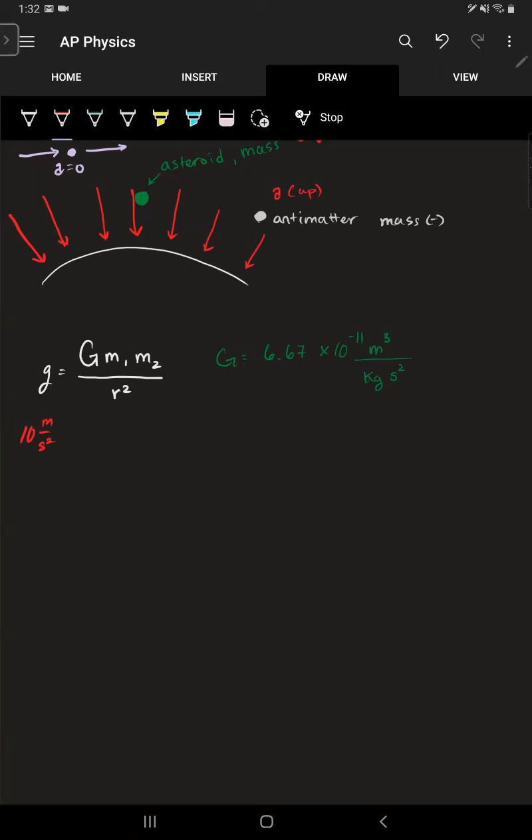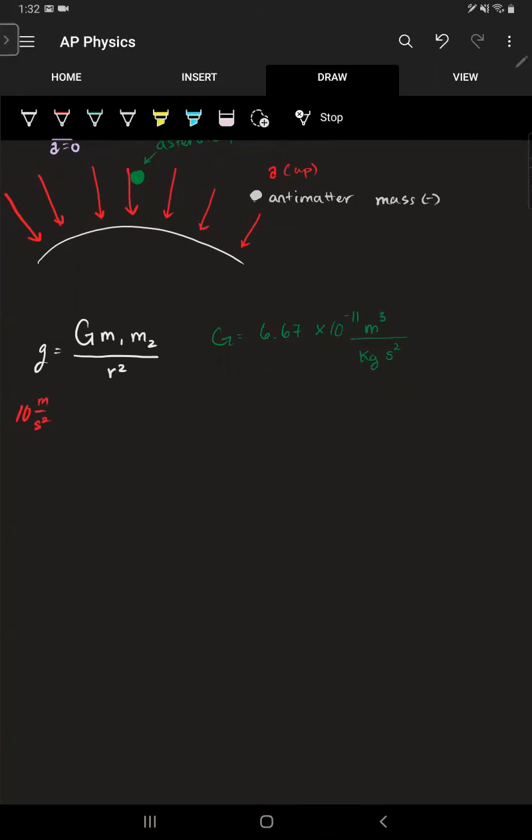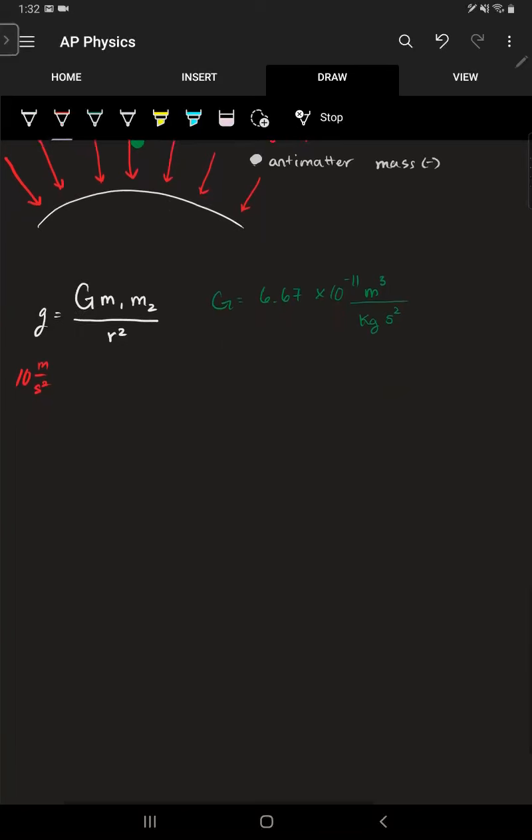Because the Earth's mass is so enormous, it overcomes the capital G constant and makes it a whole number. 10 to the negative 11th is actually nothing to joke around with. It's very, very small. However, the mass of the Earth is so large that it can make it a sizably large number, like 10 meters per second squared.